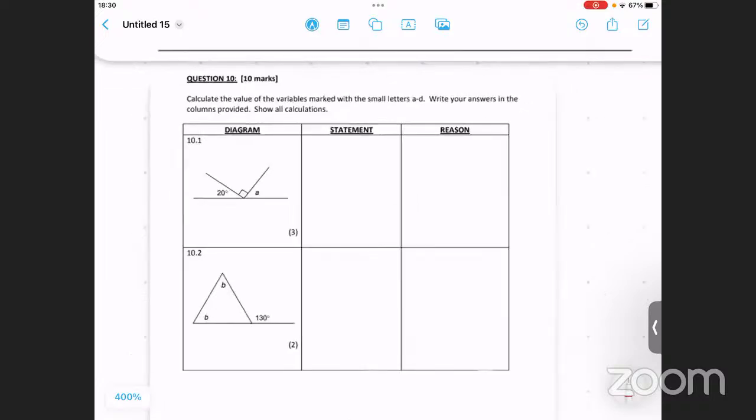We are having the first diagram, 10.1, and we have 20 degrees, and then we have a right angle, and we also have A, and it consists of 3 marks. So you have to make a statement and a reason, right? So what is going to be the value of A? How do we get the value of A, and what's the reasoning behind the calculation?